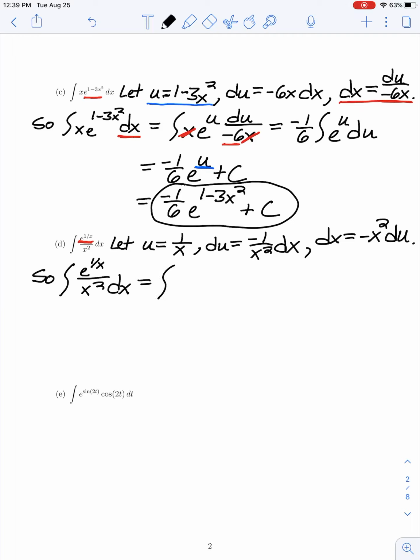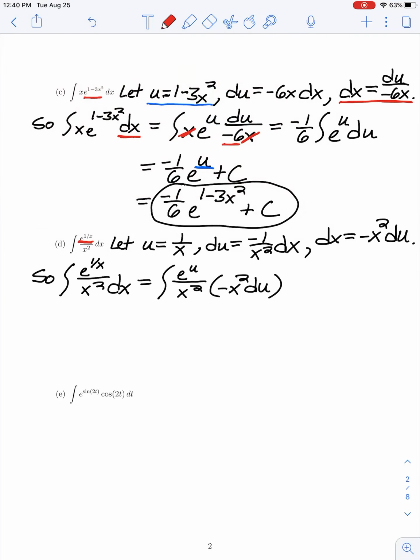So we have the integral of e to the u divided by x squared, and then times dx. Now we solved for dx as negative x squared times du.